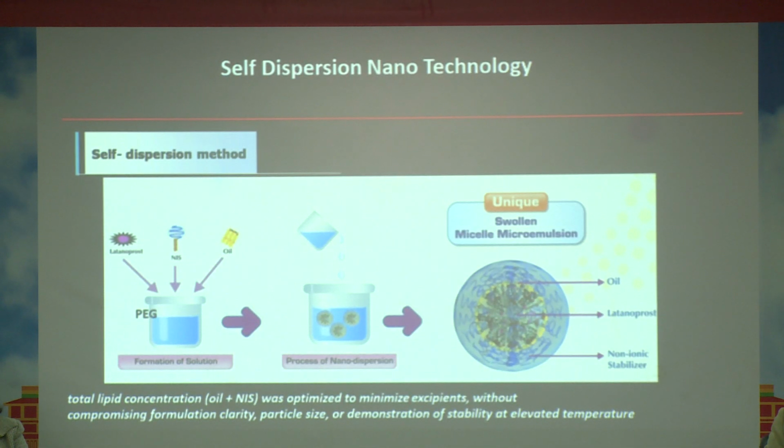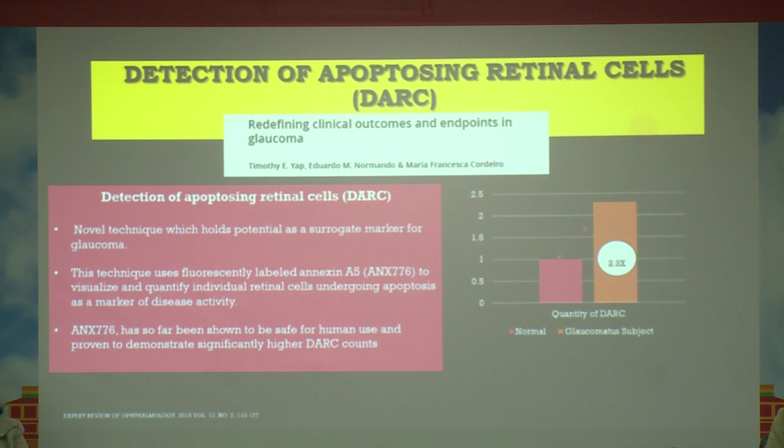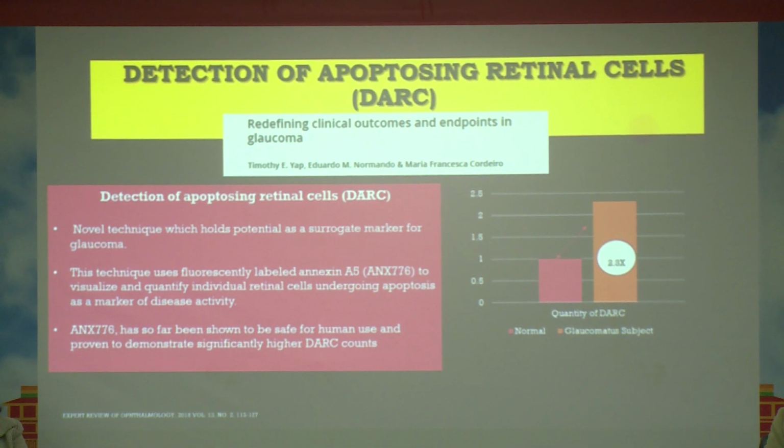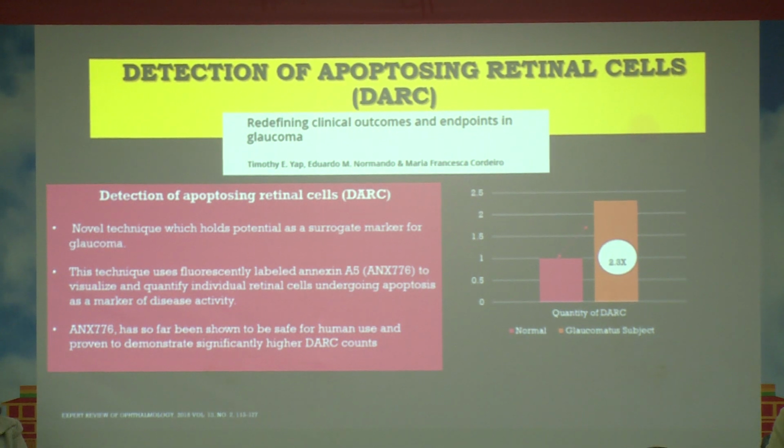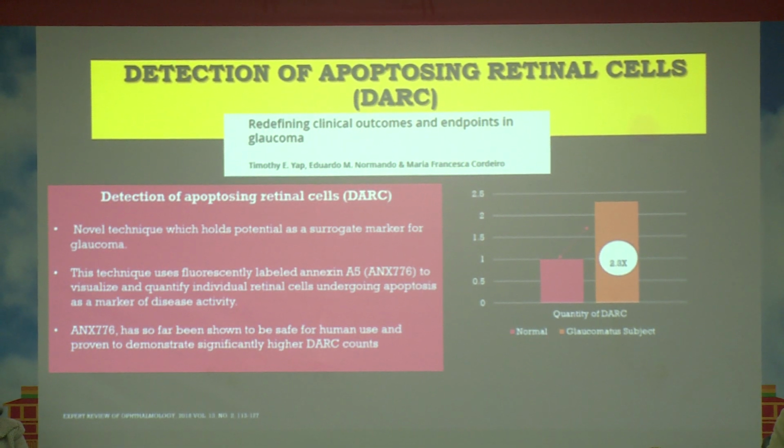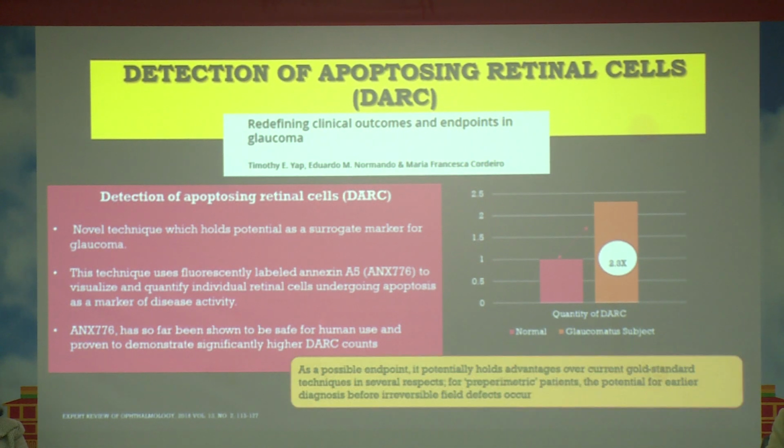There are technologies like self-dispersion nanotechnology, where the drug is surrounded by oil and non-ionic stabilizers. Then this was talked about by Dr. Vinita Gupta and Dr. Shweta also, that there is now technology on the horizon where there is real possibility of detection of apoptosing retinal ganglion cells, and ANX776 is a marker with which we can detect these apoptosing retinal ganglion cells.